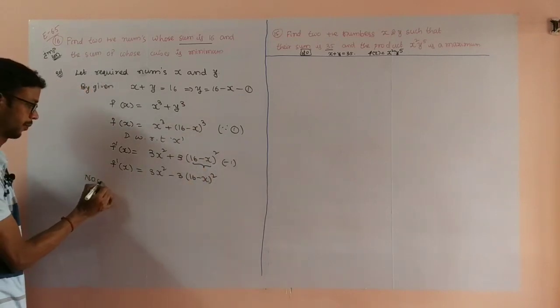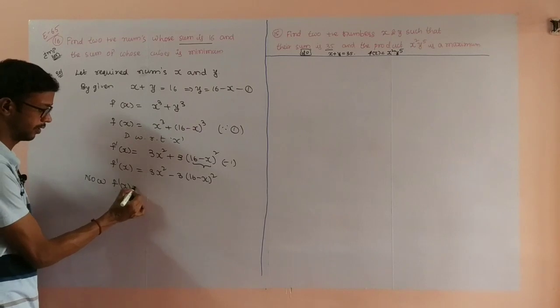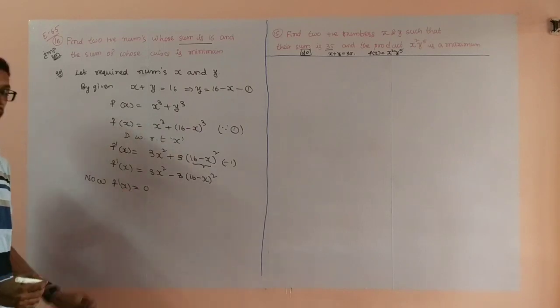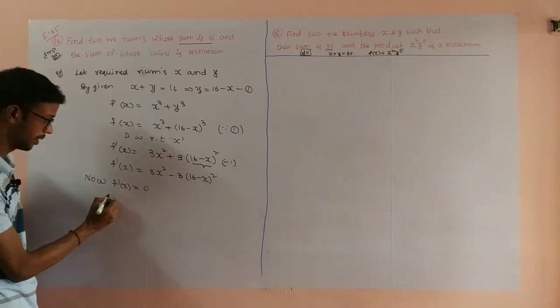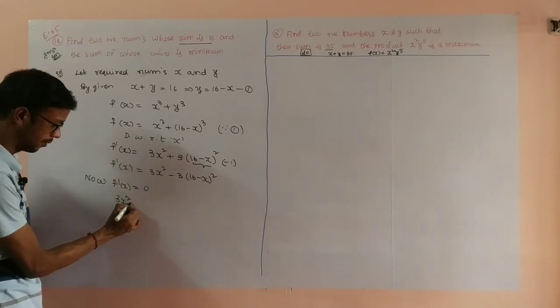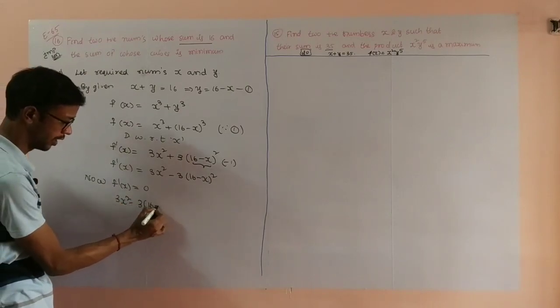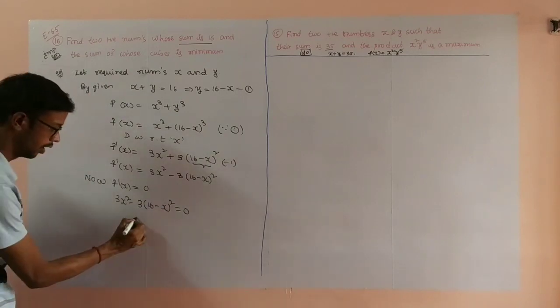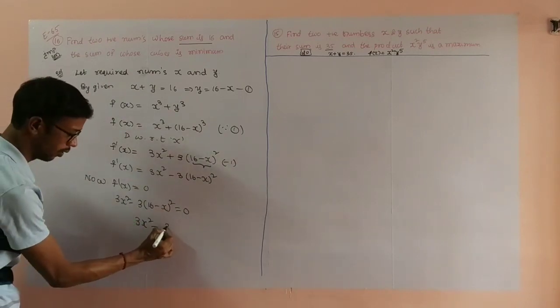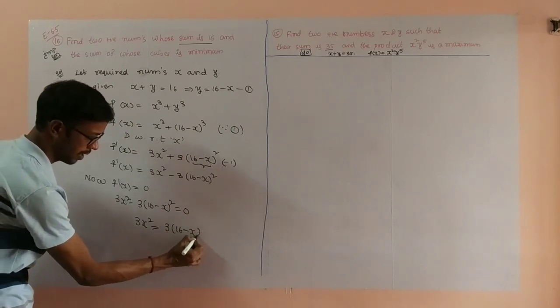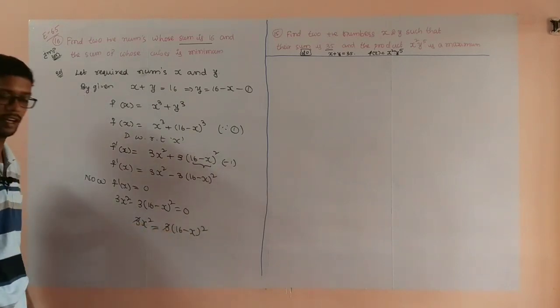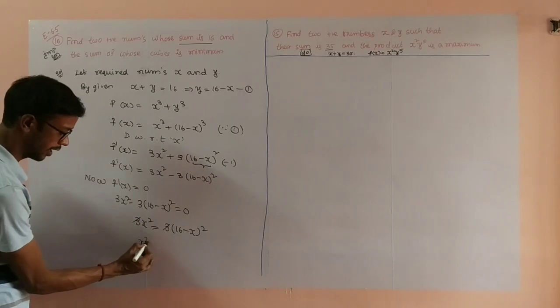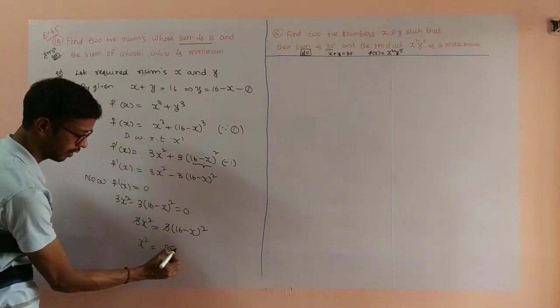Now, f dash of x equal to 0 means 3x square minus 3 into 16 minus x whole square is equal to 0. 3x square equal to 3 into 16 minus x square. 3 gets cancelled. Here x square is equal to 16 minus x whole square.